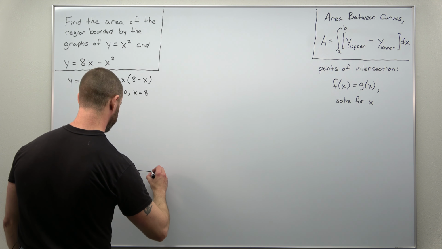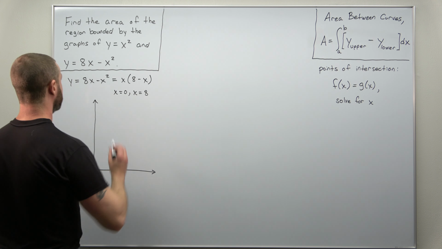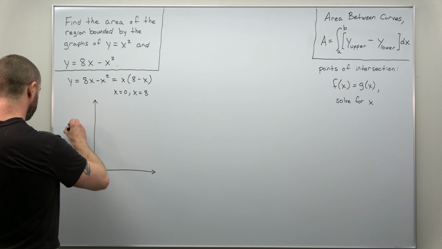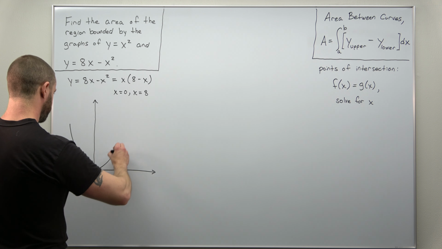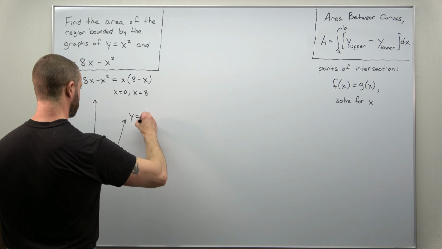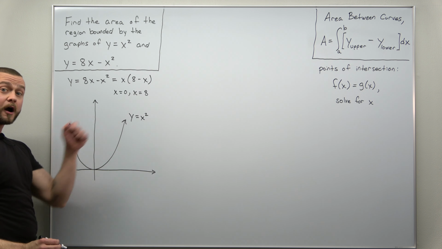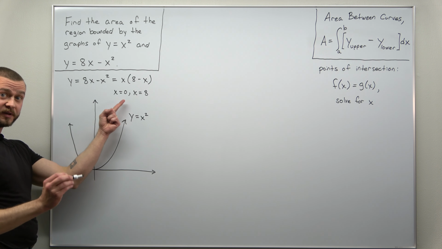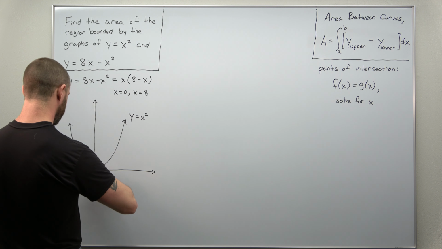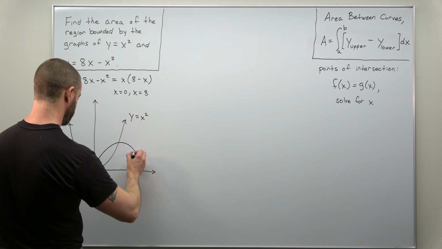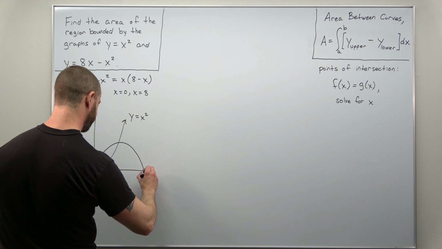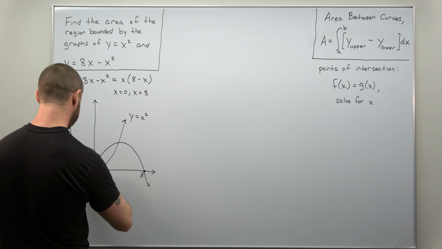of our region. All right, we have our basic parabola, y equals x squared. And then our other parabola, again, it opens down and passes through those points, so passes through x equals 0, and this other intercept over here, that's 8.